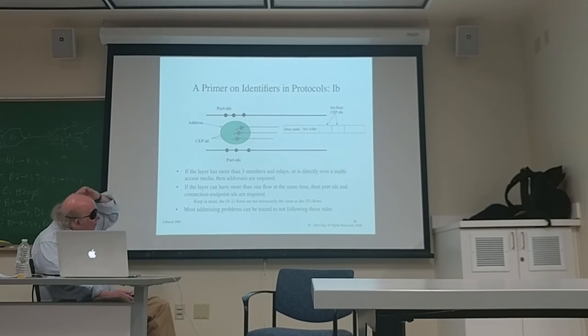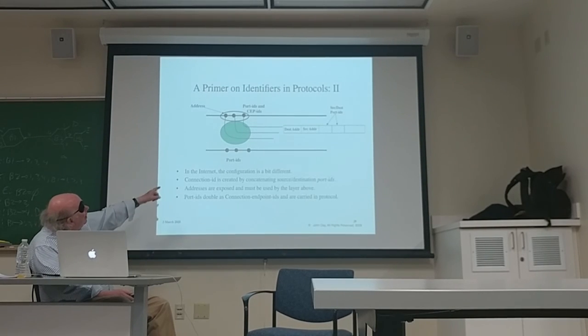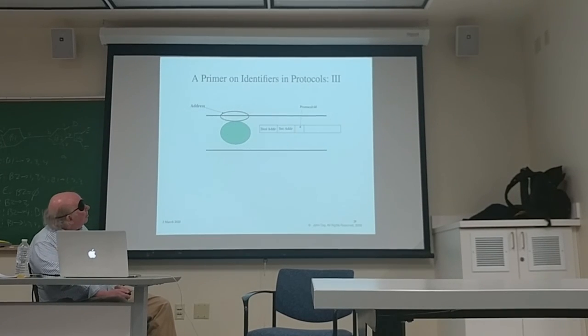Most addressing problems can be traced to not following these rules. In the internet, the configuration is a bit different. The connection ID is created by concatenating source and destination port IDs. There are no connection endpoint IDs. The port IDs double as connection endpoint IDs and are carried in protocol. This is a problem for security.